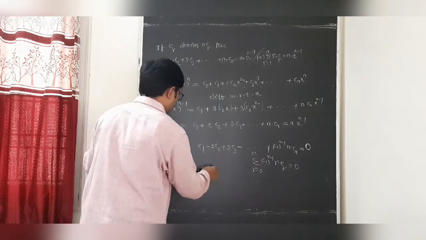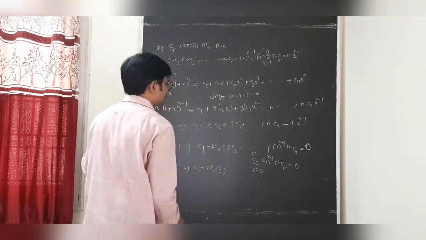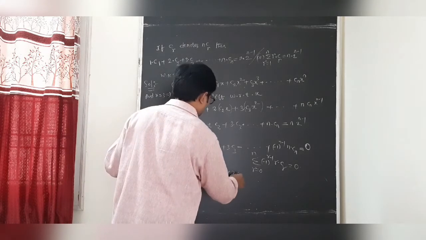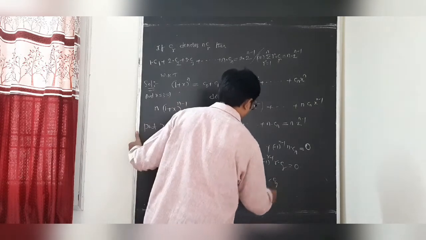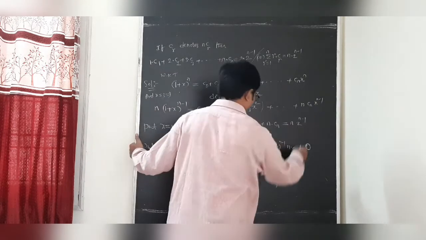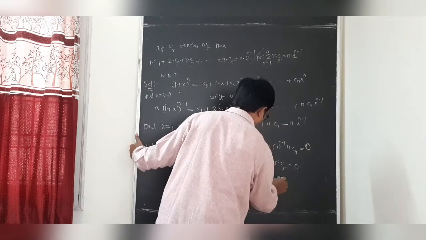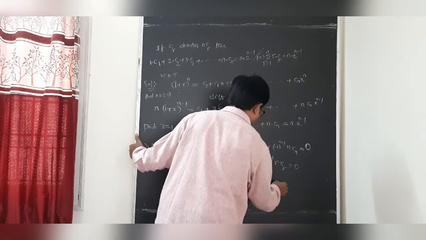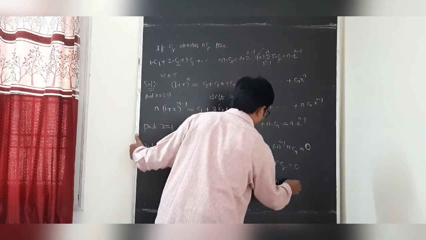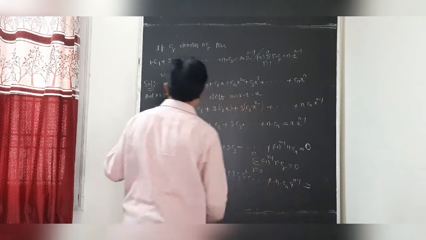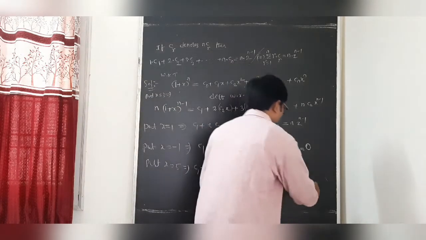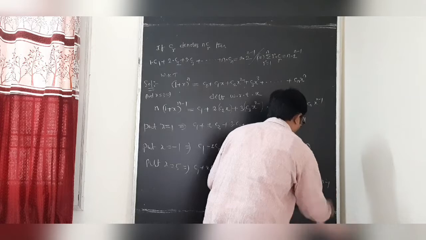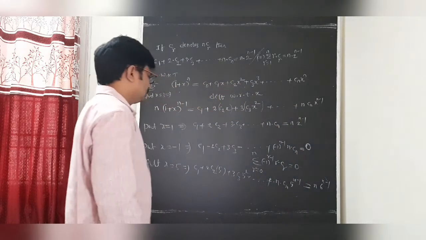C1 plus 2C2 5, then 3C3 5 square and so on, nCn 5 power n minus 1. This is what, dear students? 1 plus 5 is 6. So n into 6 power n minus 1 is the answer.